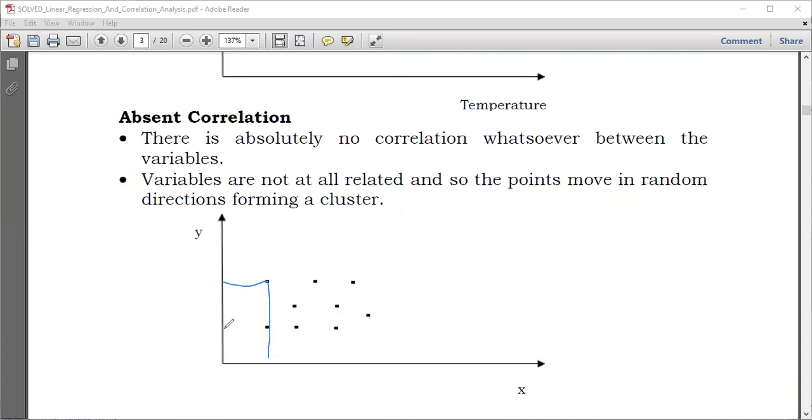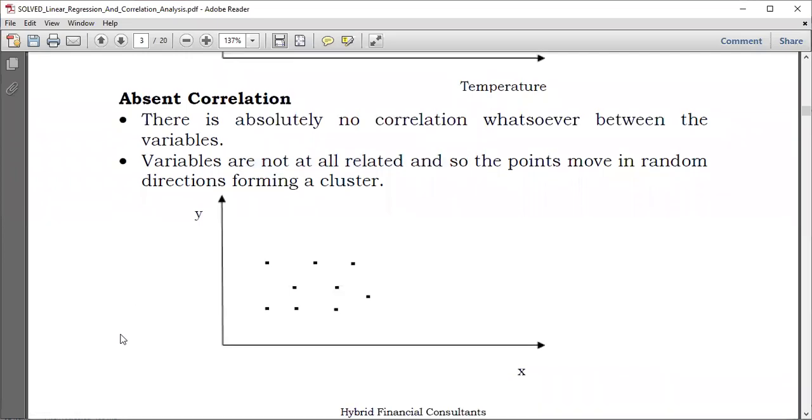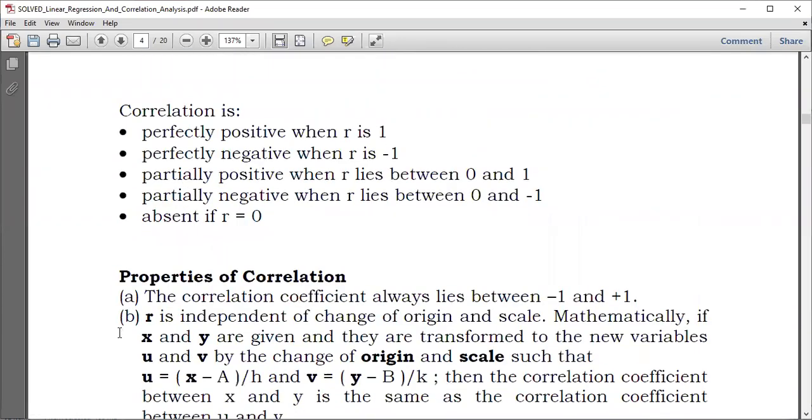At the same time, when y equals this one, x equals the same value. See this? But also, when y equals this, x could be this one or could be this one. 3 different values of x for the same value of y. So it means that there is actually no correlation, right? So the correlation coefficient here would be expected to be equal to 0. So the variables are not at all related, something like that, right? Yes. So you got to know something like that.